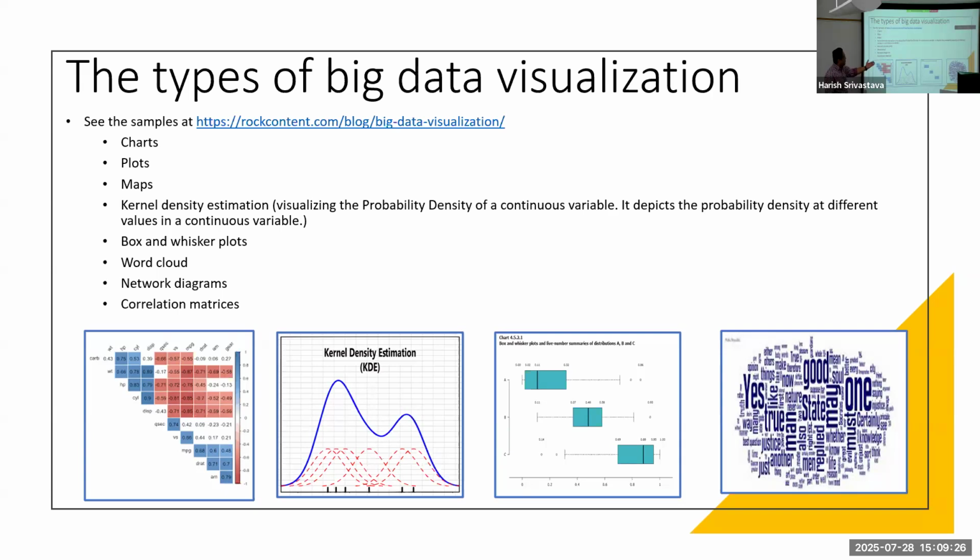Word cloud is like that. If I have to determine how many times a particular word is used in a novel of 5,000 pages, you can get a word view where the most commonly used words will be the biggest in the depiction. Network diagram is nothing but a data flow diagram, connections between different nodes like a neural network.